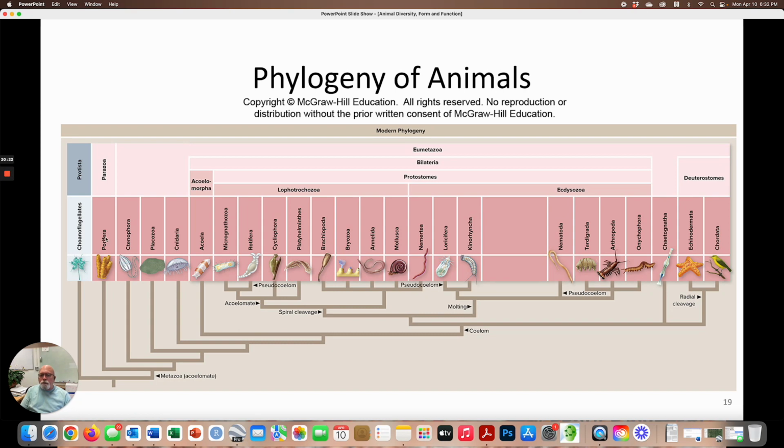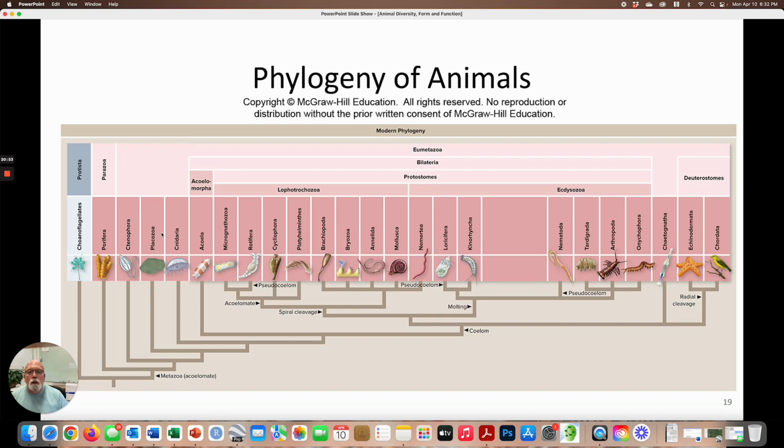We're going to start off talking about sponges, and we're going to slowly march through the phyla, talking primarily about the sponges in the phylum Porifera, the cnidarians. We will talk about bryozoans, annelid worms, mollusks, nematodes, tardigrades, arthropods, onychophorans, echinoderms, and chordates.